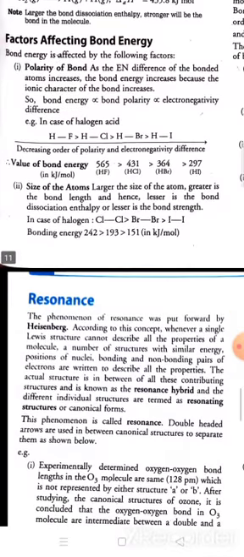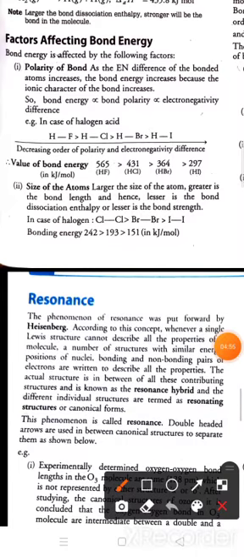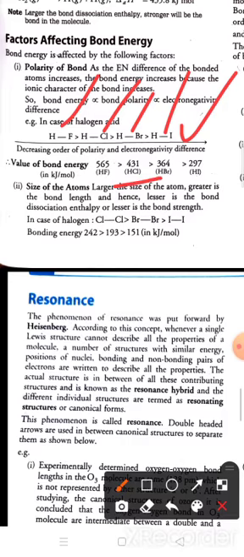Now the factors affecting it. The first factor is the polarity of the bond, and bond energy is directly proportional to the electronegativity difference. For example, HF, HCl, HBr and HI. You can see that HF has the highest electronegativity difference between H and F, while HCl has a lesser difference in comparison to HF, HBr is much lesser than HCl, and HI also has a low value.